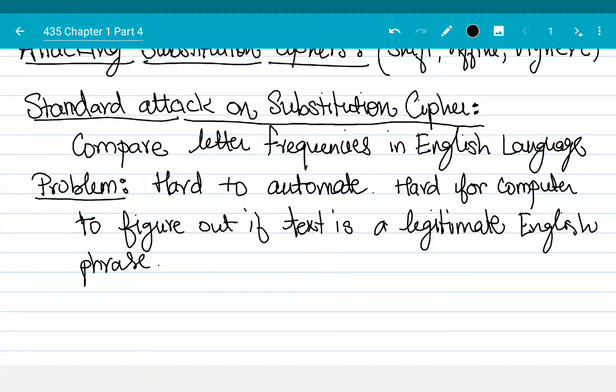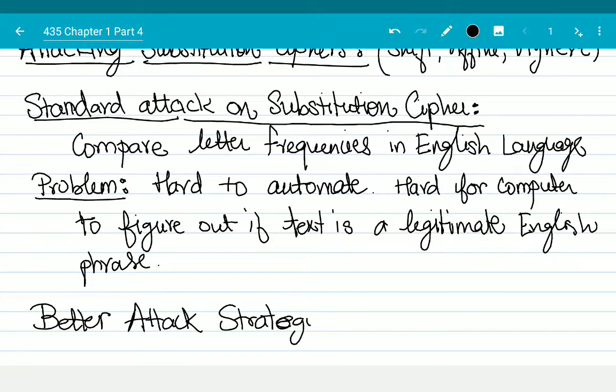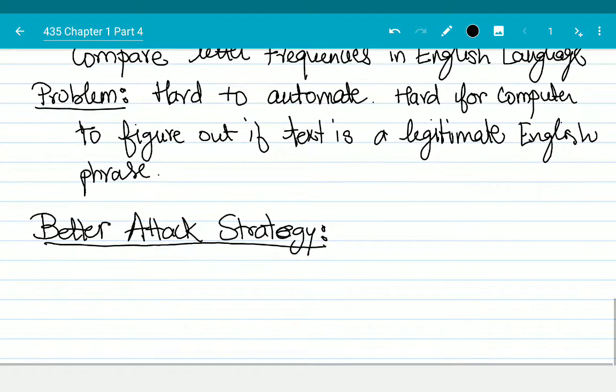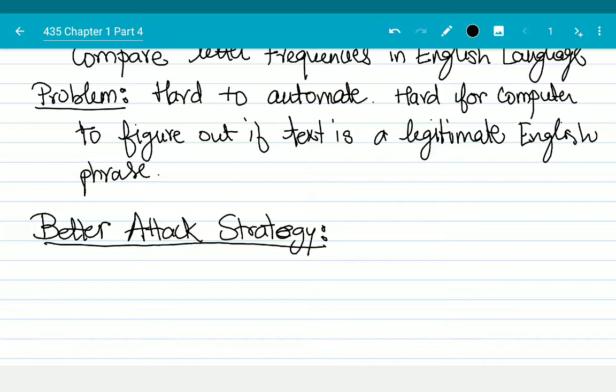And now here's a better attack strategy. Which is, once again, going to rely on how frequent the letters in the English language are, but we are going to be slightly smarter.